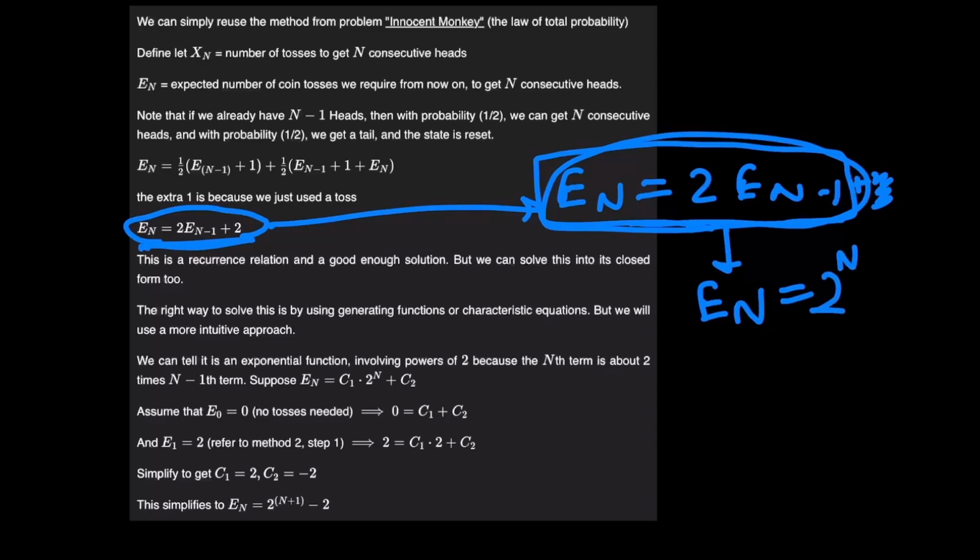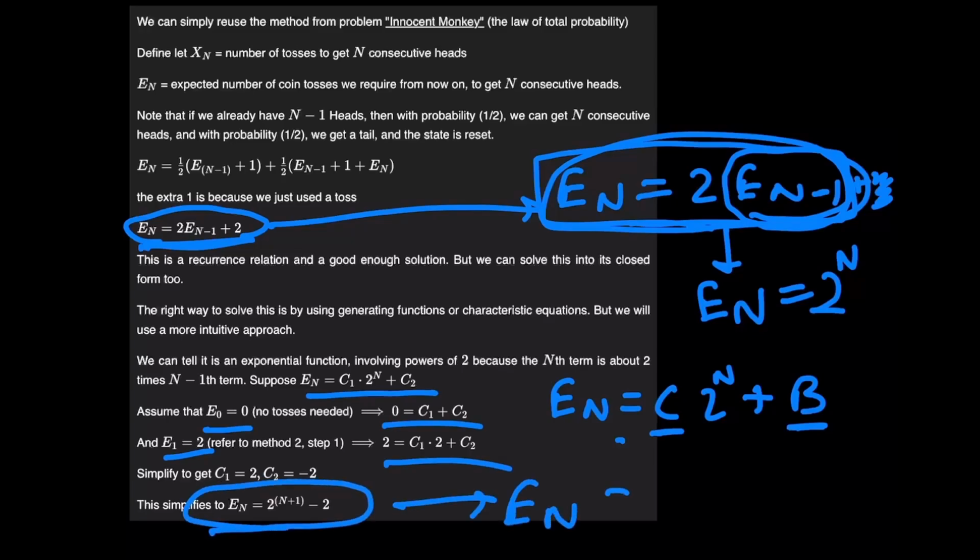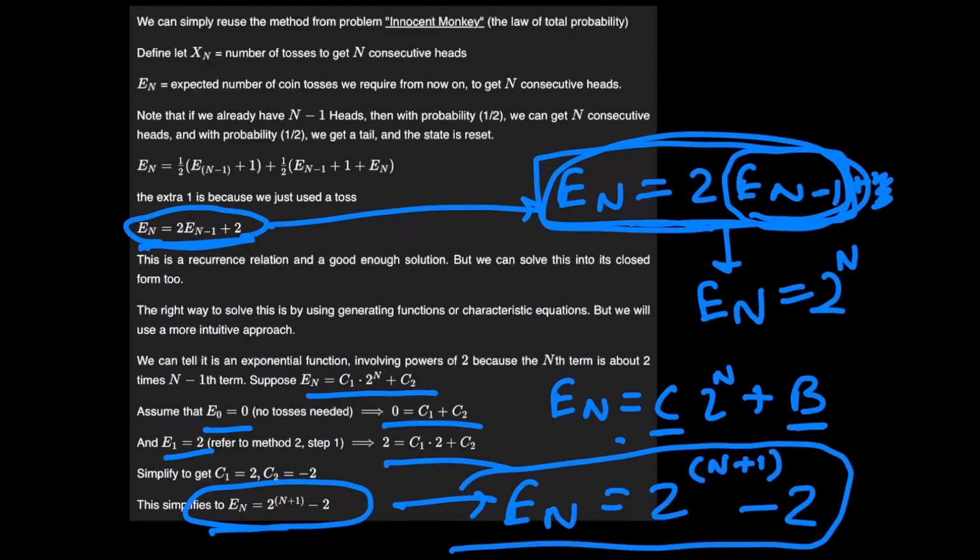Every time n increases by 1, E of n roughly doubles. So we could generalize this as E of n is c times 2 to the power n plus b, where c and b are two constants. By plugging in n equals 0 and n equals 1, getting the values of the constants and solving that, we get to the final value. So this is the final answer: E of n is equal to 2 to the power n plus 1 minus 2. I hope you guys understood this approach, and thanks for watching.